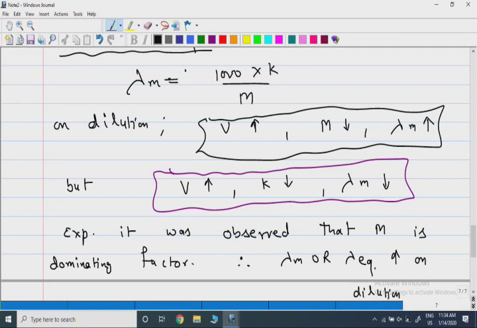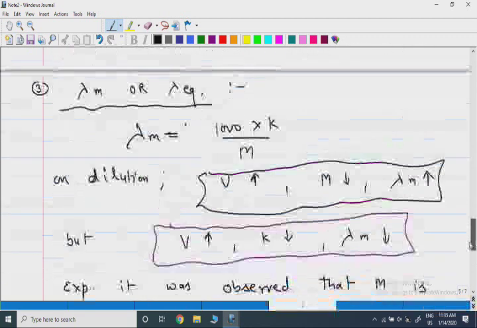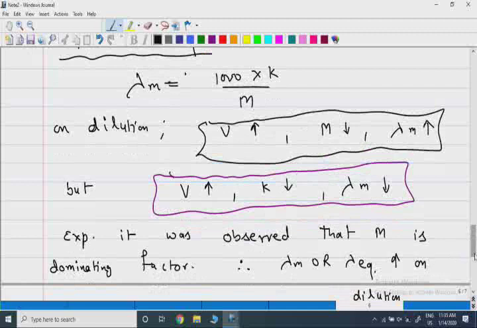Okay. Now I'm just concluding it. Ultimately you have to remember what the effect of dilution is. Slide 2. So which one? Slide 2. Please copy this first, and after that I'll shift to the previous slide. First copy this, then I'll shift to the previous slide. Okay, I'll show you.